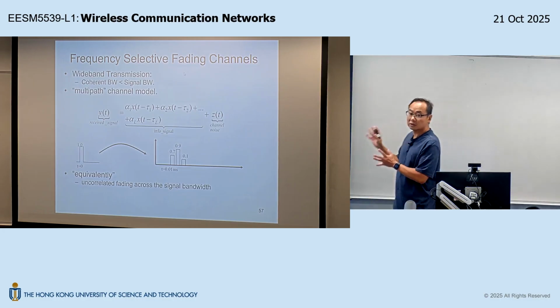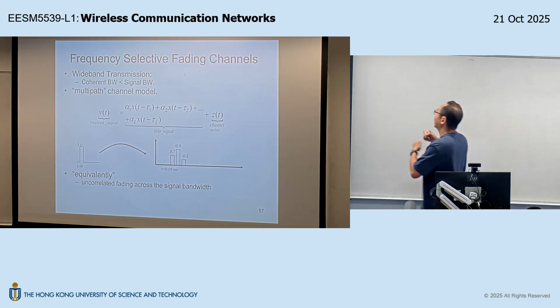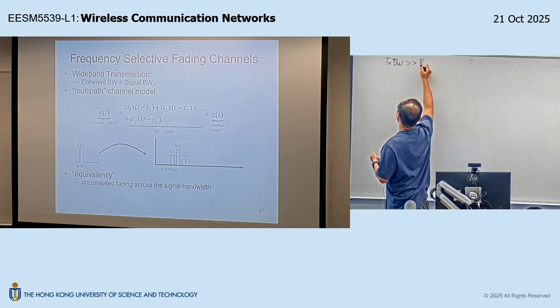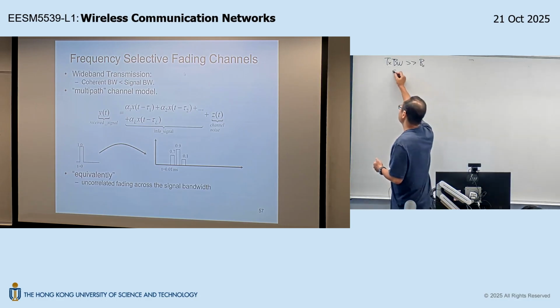So this second scenario is what we call the frequency selective fading channel. So the condition is the transmission bandwidth is much larger than the coherence bandwidth, okay? Or equivalently, that means the delay spread is much larger than the symbol duration.